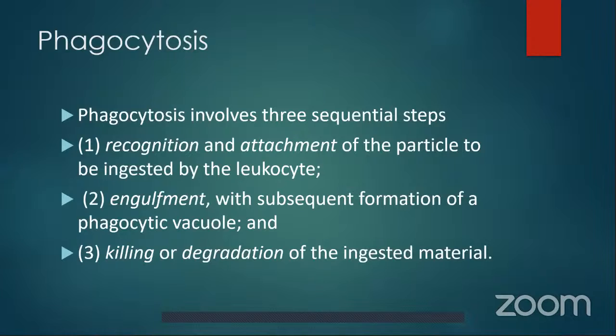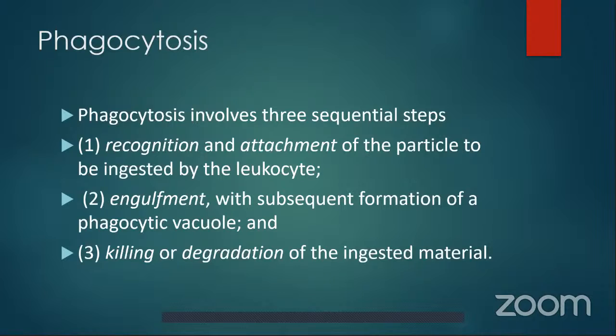Now, after the leukocytes have managed to get out of the blood vessel and come into the area where there is tissue injury, the offending agent is going to be killed, and that is achieved by the process of phagocytosis. The process of phagocytosis has three sequential steps.